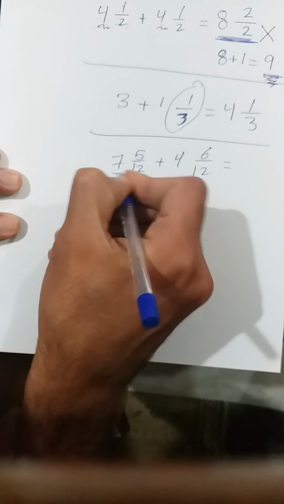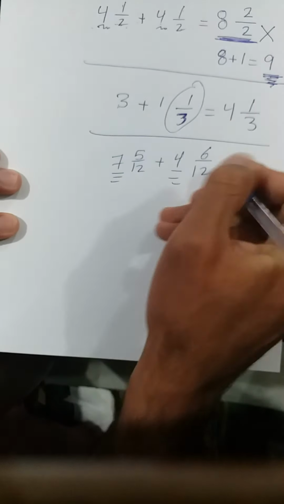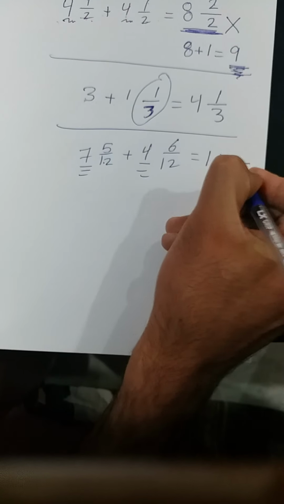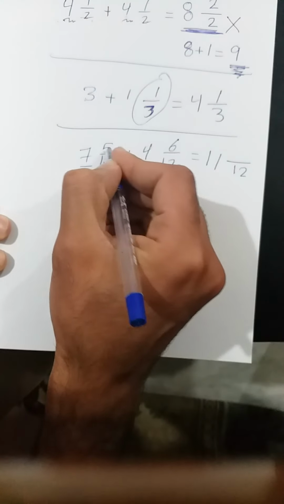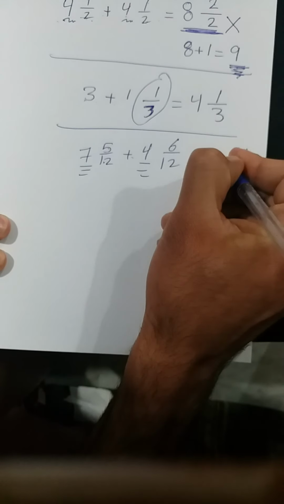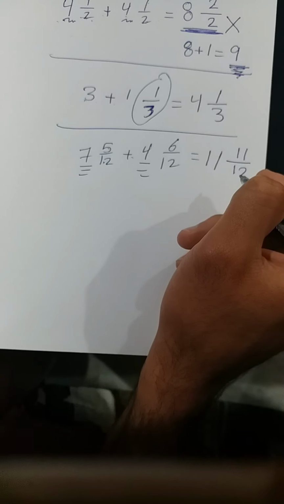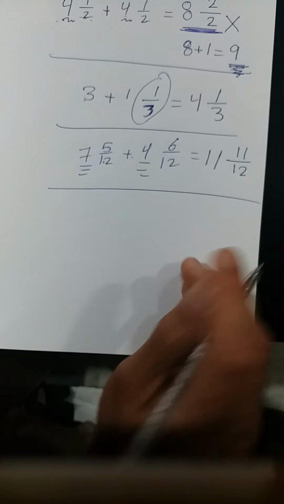The same way, add the whole number with the whole number. 7 plus 4, 11. Then I'm going to add the fraction. The denominator 12, I will put it down as it is. 5 plus 6, 11, like this. And this is going to be my answer.